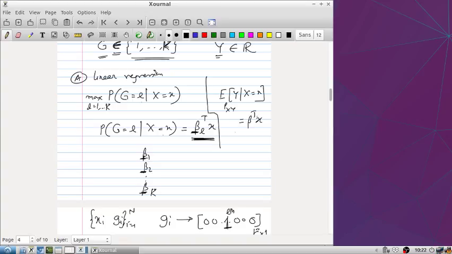For a given feature vector, there could be a small probability that it's a dog, and some other probability that it's a cat. But whichever probability is higher, that's the class that you need to predict. That's the best thing you can do if you have the distribution between G and X. But you don't. You only have data. So you're going to make some assumption, a linear assumption in this case, and then use data to fit these parameters.